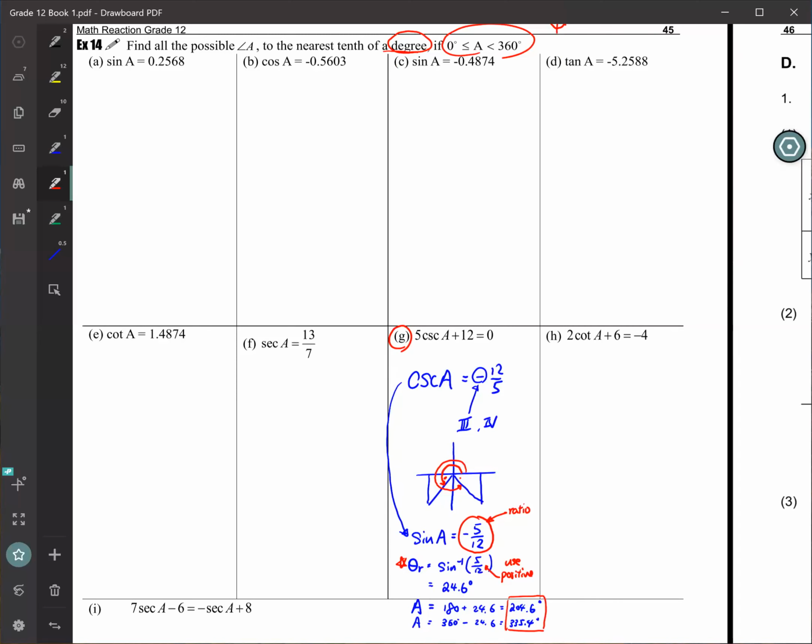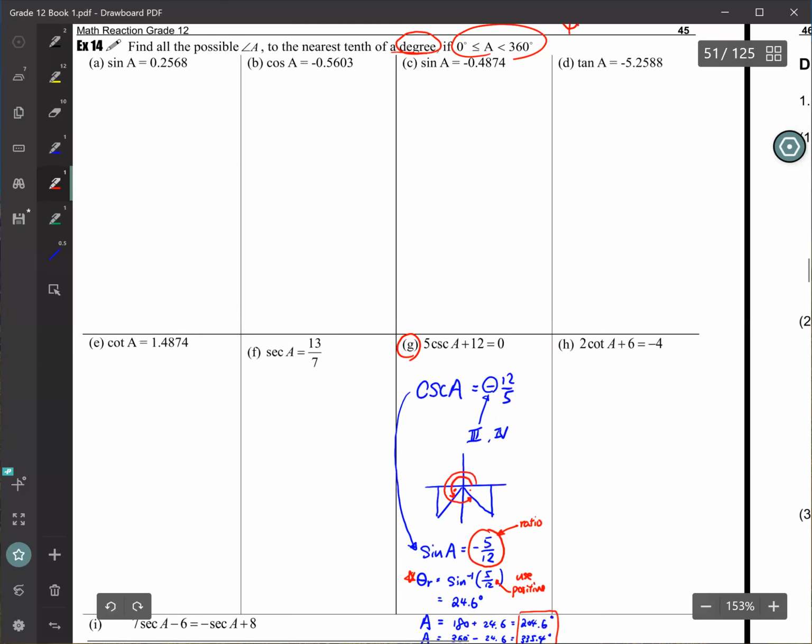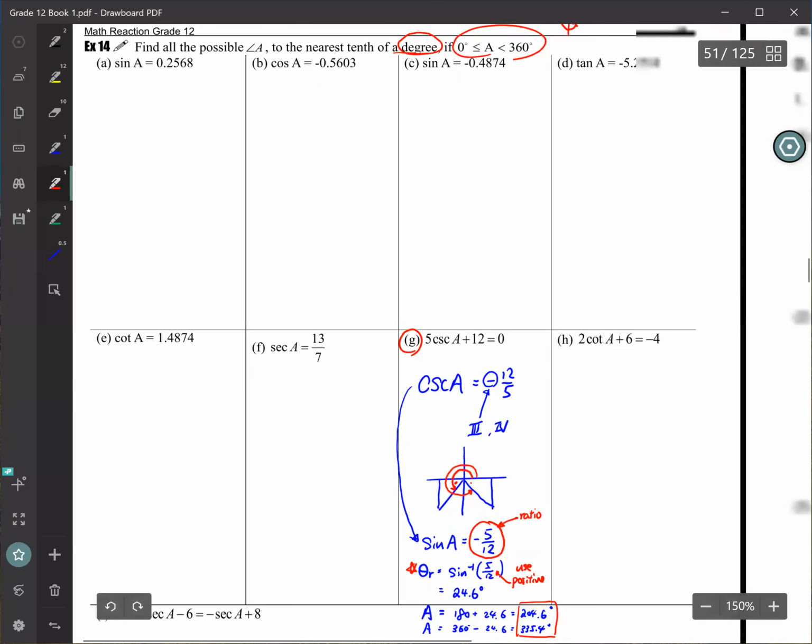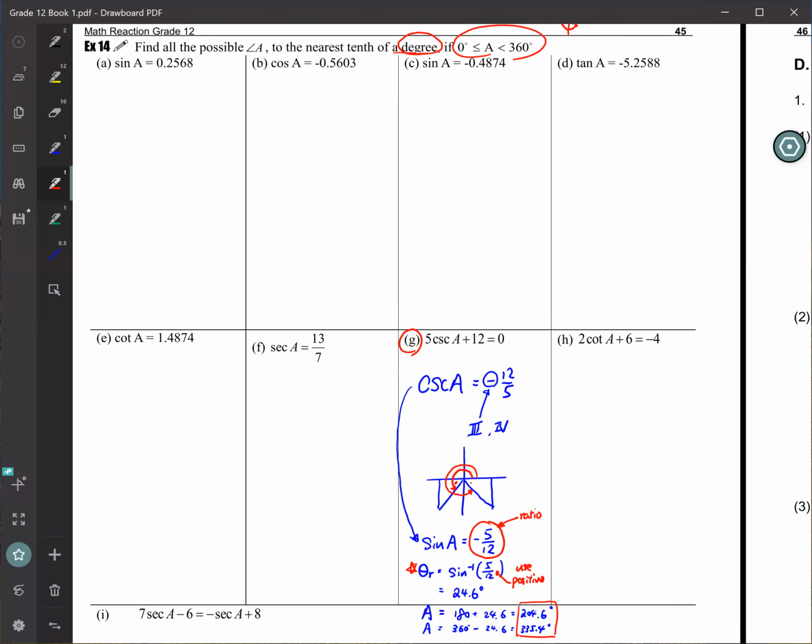Raise your hand once you finish everything up to H. So remember, if you get something that's reciprocal, you reciprocal back first.